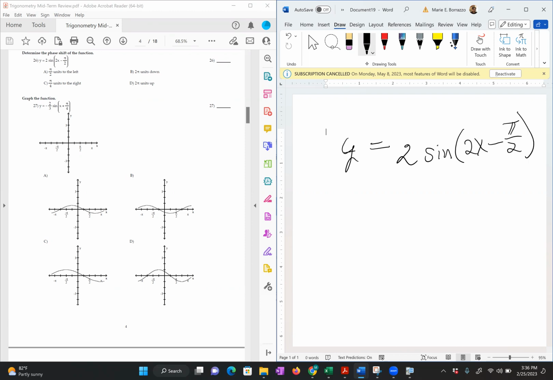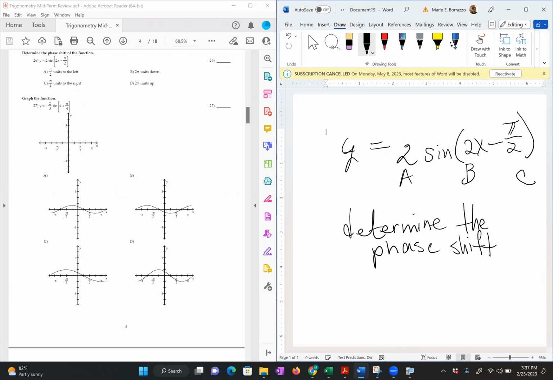And so again, this is the amplitude. This is the B. This is your C. So they're asking us to determine the phase shift.